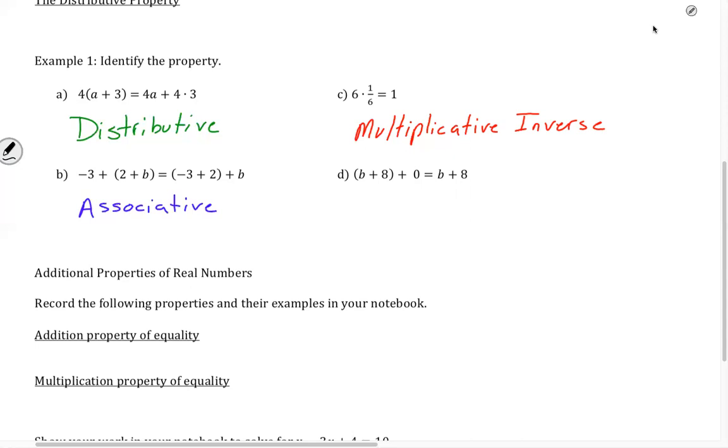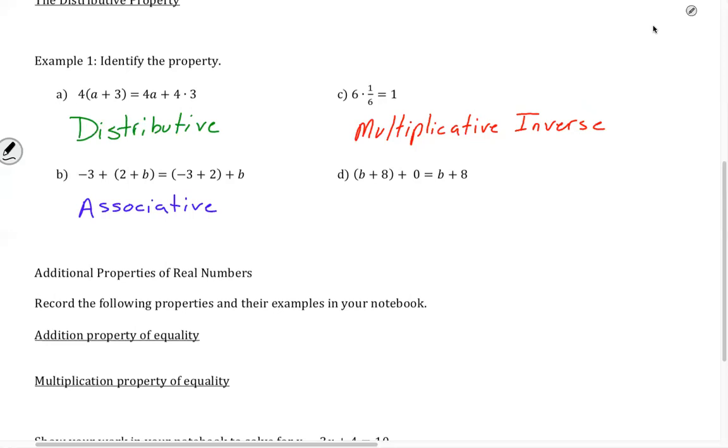And the last one, Ed. Little tricky. What do you think that one is? Commutative? Well, did the numbers move around, Ed? No. So what number stands out to you in D? Negative B?